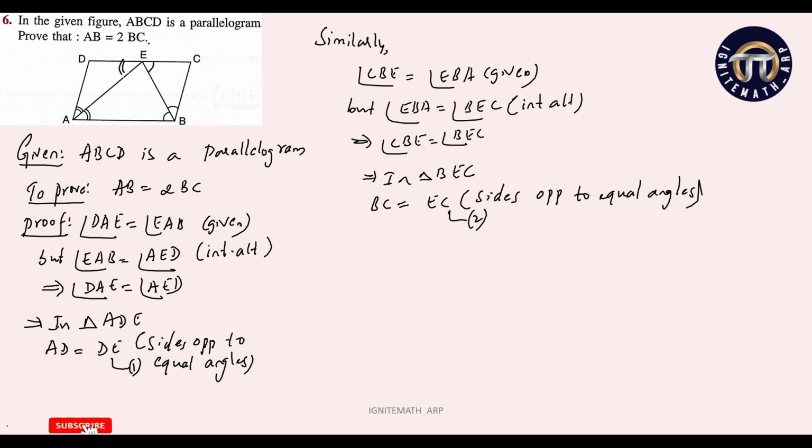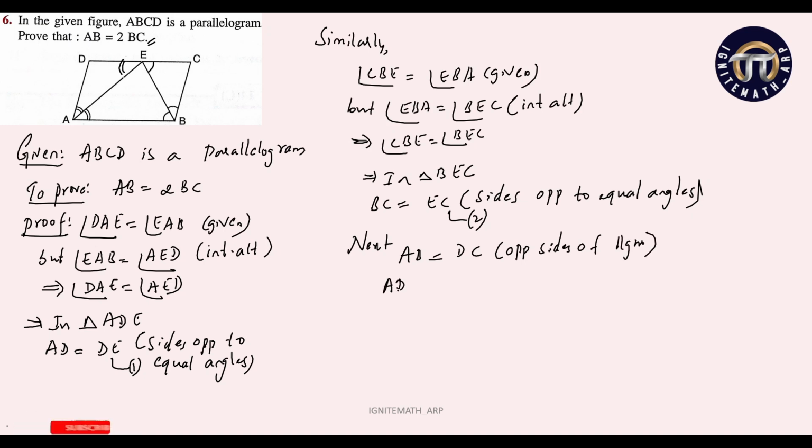Now what I'm supposed to prove, AB is equal to twice of BC, we are supposed to write. So next what I do is, AB is equal to DC, correct, children? Why, tell me? Because they are opposite sides of a parallelogram.